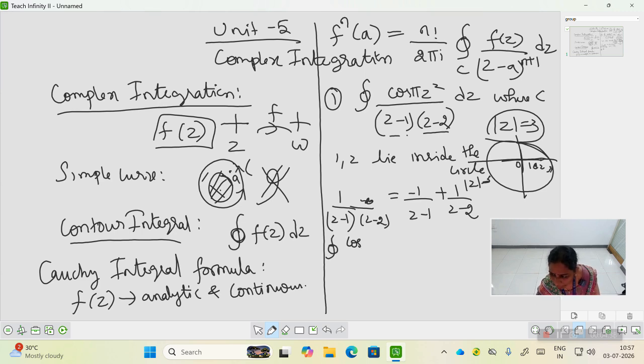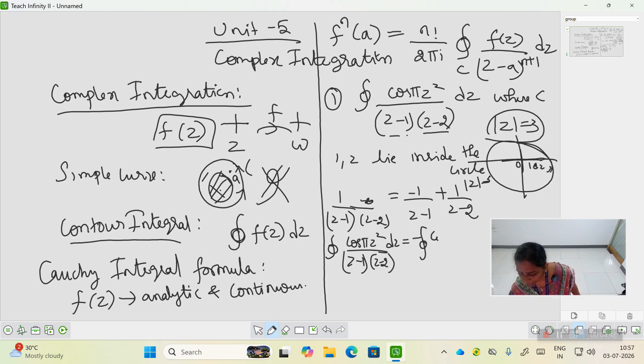So the integral of cos pi z squared divided by (z minus 1)(z minus 2) dz equals minus the integral over the closed circle of cos pi z squared divided by (z minus 1) dz, plus the integral of cos pi z squared divided by (z minus 2) dz.